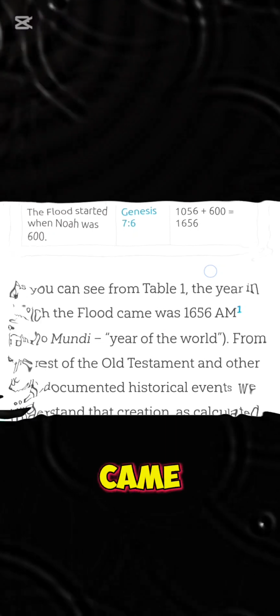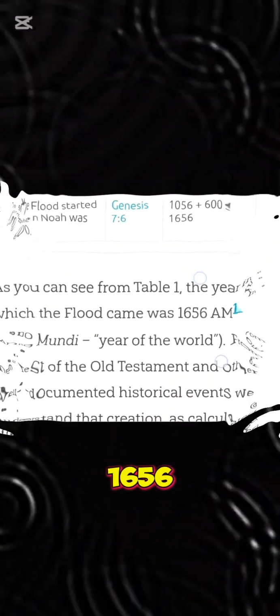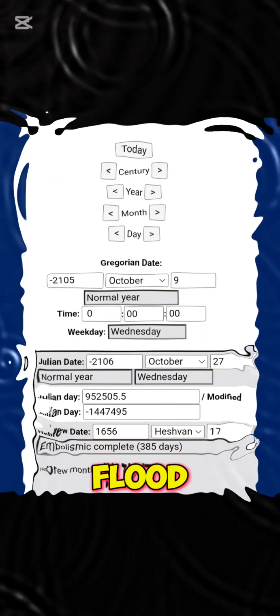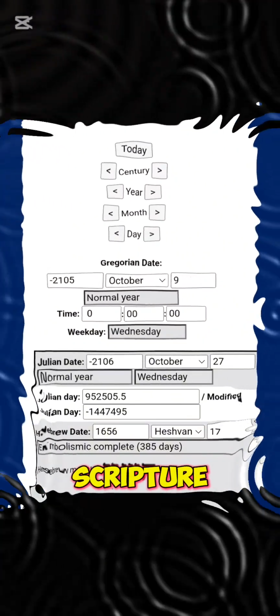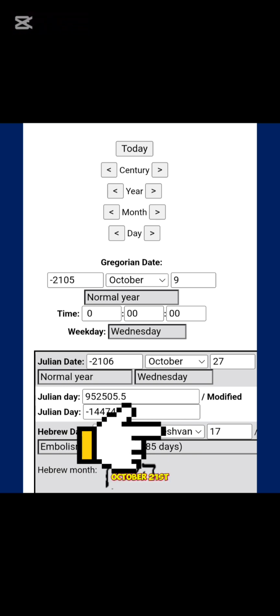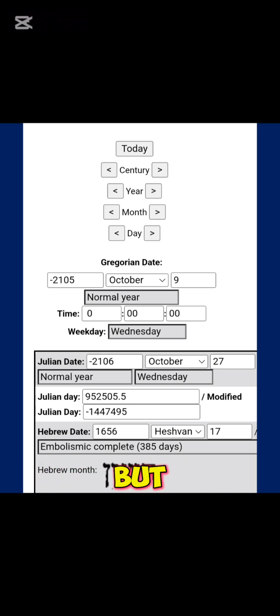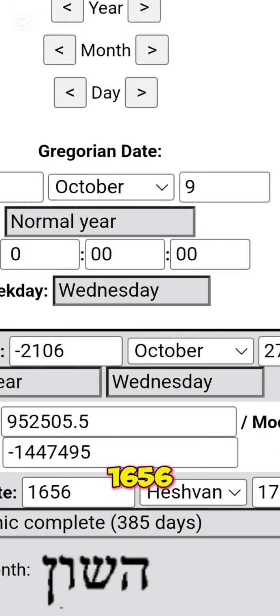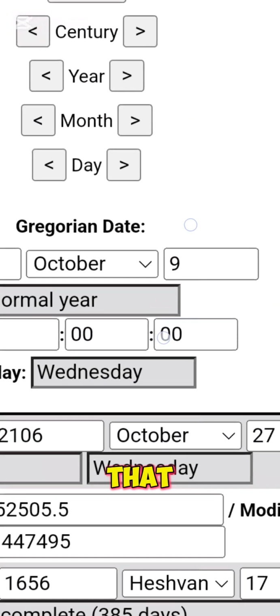Check this out. I think this is what Ben posted, actually. So the flood came in the year 1656, okay? 1656. So we know the flood, according to all scripture, happened on Cheshvan 17, which is our October 21st date. But check out what Ben found. So Cheshvan 17 in the year 1656. Look what date that was.